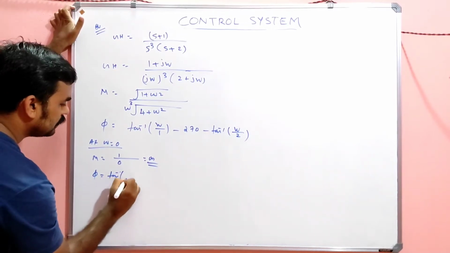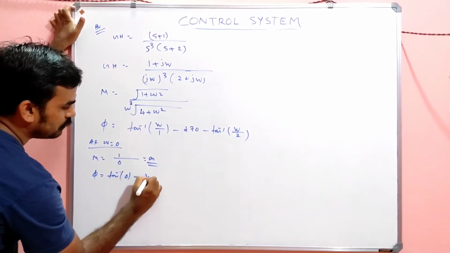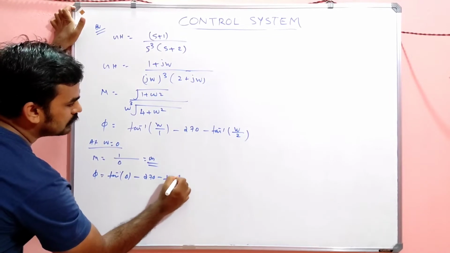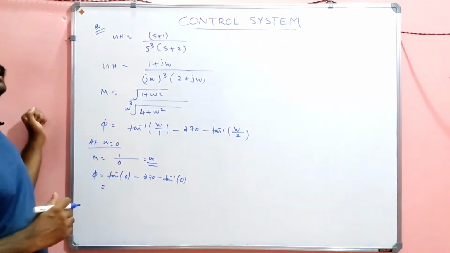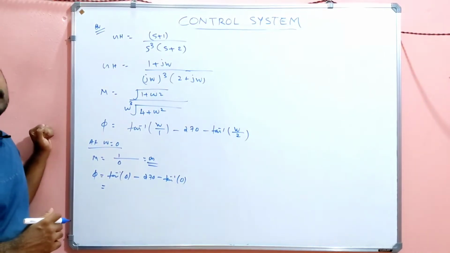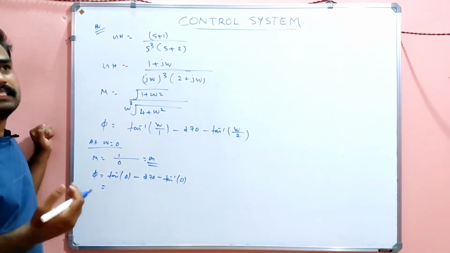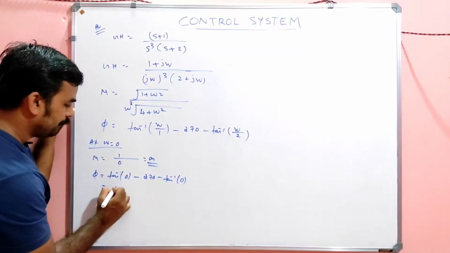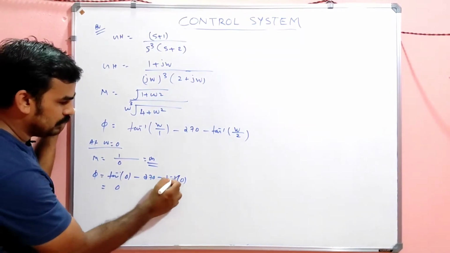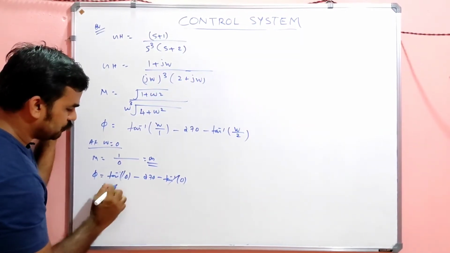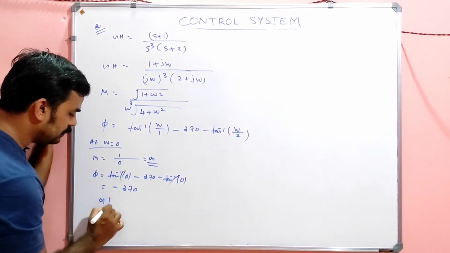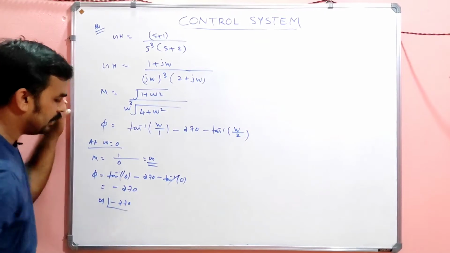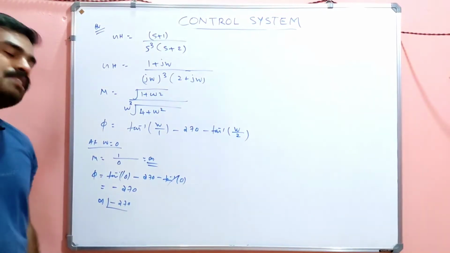Tan inverse 0 minus 270 minus tan inverse 0. What is tan inverse 0? Sin 0 by cos 0 is definitely 0. So these cancel, simply minus 270. So the representation at omega equal to 0 is infinity angle minus 270.